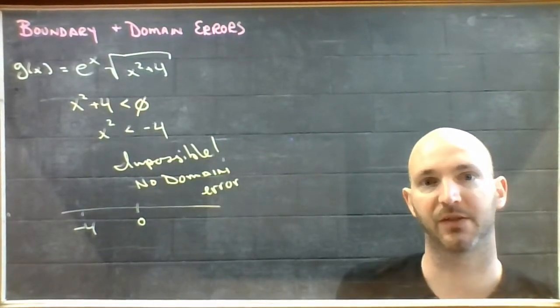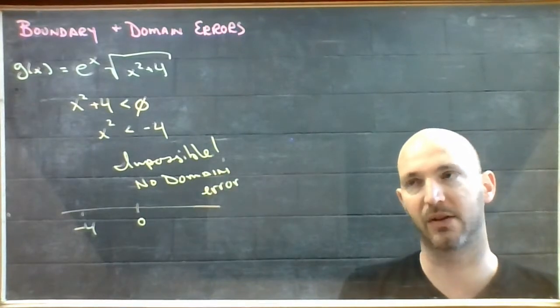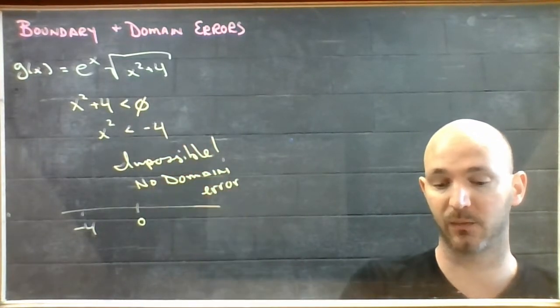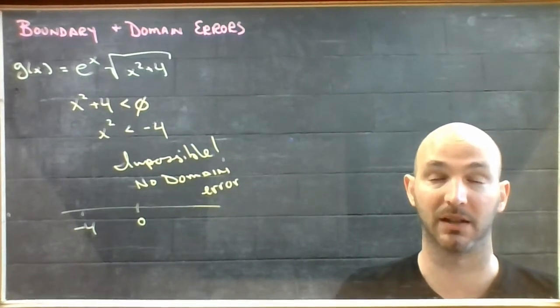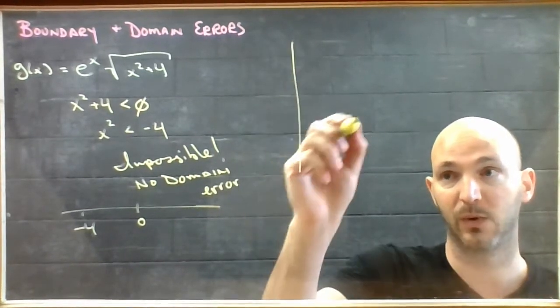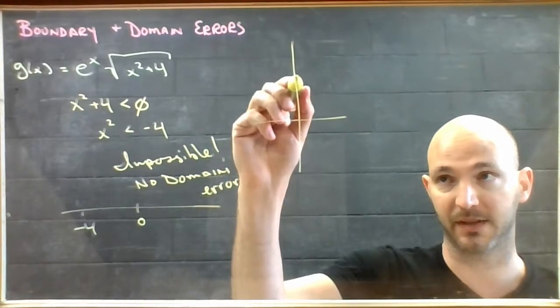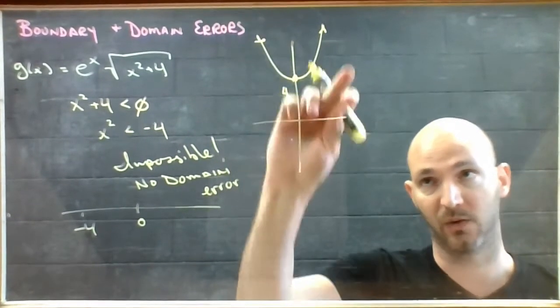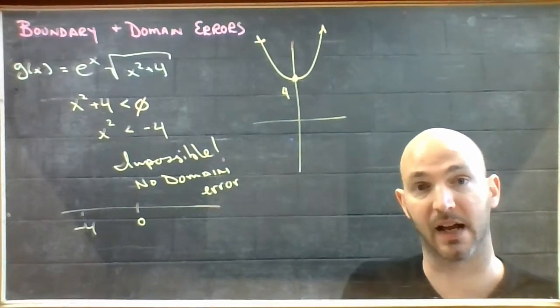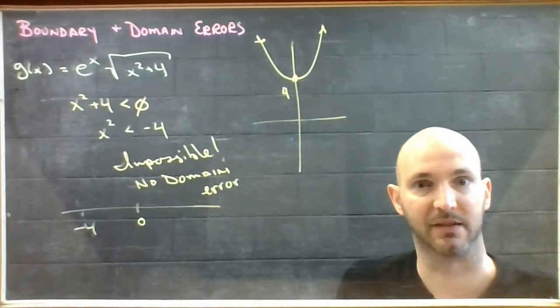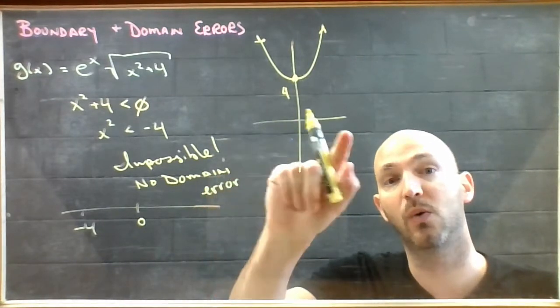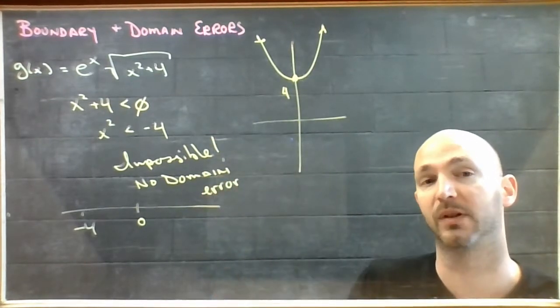Basically what you ask yourself is, is there any place where the inside of that radical would be 0? And what's inside of that radical is a parabola, x squared plus 4, which if you sketch it is a parabola that's been shifted up 4 squares and then does this. So where does this parabola cross the x-axis? Well, it doesn't. So if it doesn't actually cross the x-axis, then there's no place where x squared plus 4 is 0.